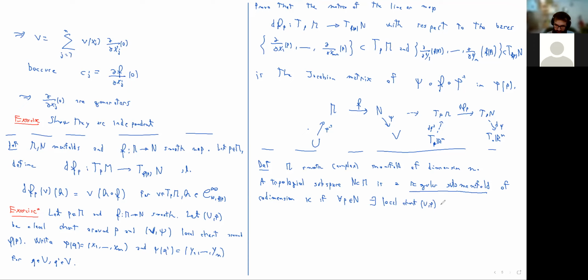Again, near P, around P, centered at P, just means that P is in U, such that if we intersect N with U, so if we look at N only locally, what we get is precisely this hyperplane.